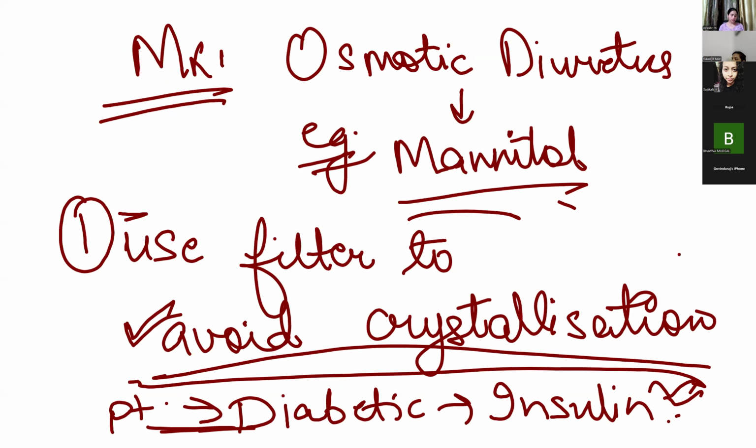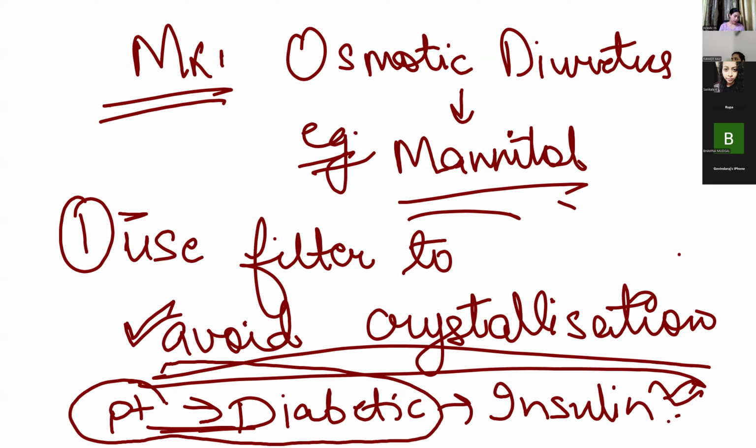Second thing is mannitol increases glucose level or sugar level in the body. And if the patient is diabetic, then you will give insulin along with mannitol. This is a very, very important point you need to keep in mind.